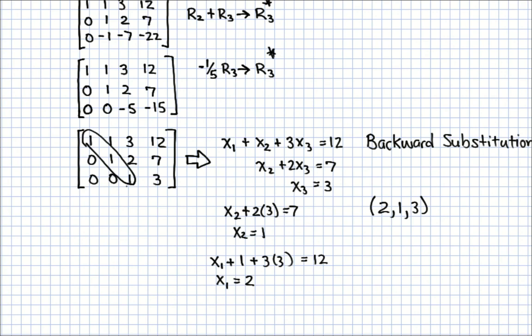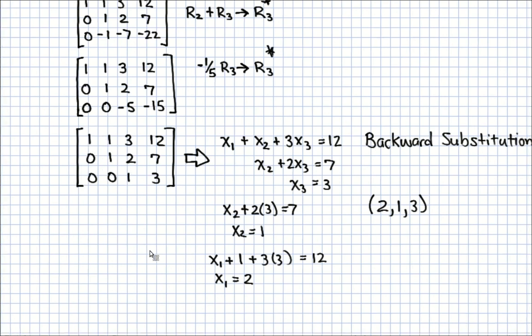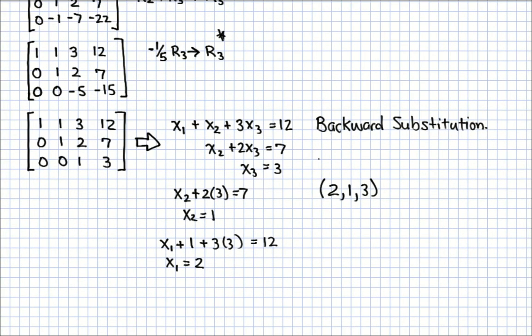The diagonal is 1. And then we perform something called backwards substitution. We go backwards, substituting in the values that we know to obtain the values that we don't know. And so that is the essence of GEM, the Gaussian Elimination method.